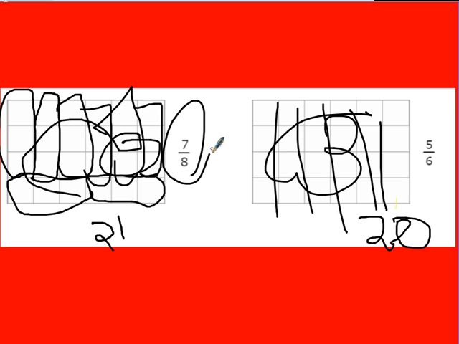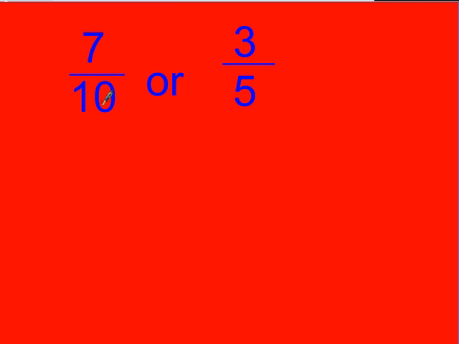So what would happen if we would go for trying out 7/10 or 3/5? Okay, I want you to work on that one. And guess what? Your 4 by 6 triangle will not work because you can't make equal groups.